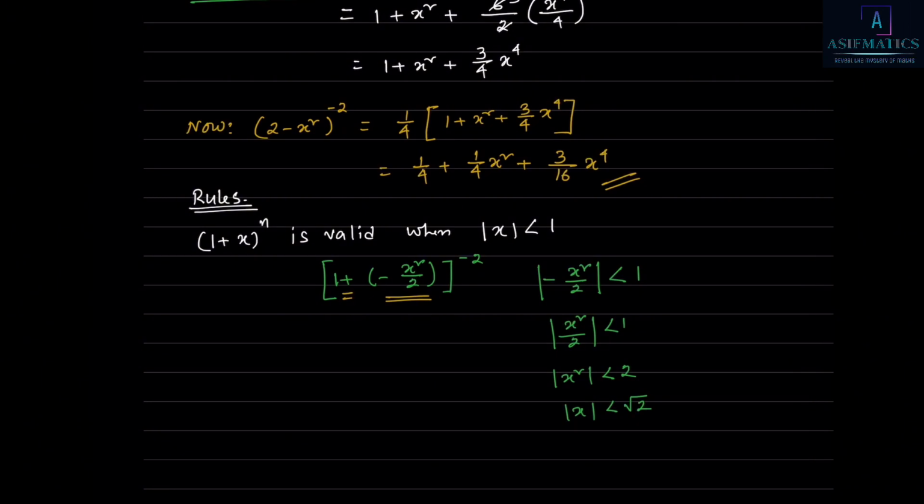So that is the answer. This is just a 1 mark question, very simple. Whatever you have 1 plus x inside, bring that x and make it less than 1, you can get your x value from there. So that's all about this problem.